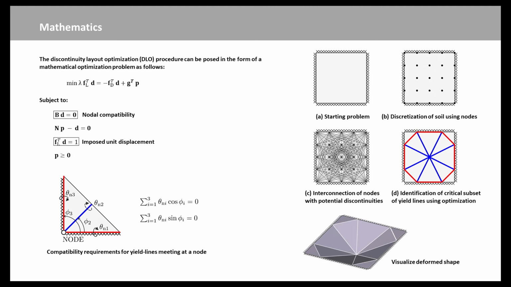If we zoom in on a particular node, and we resolve the rotation in the x direction and in the y direction, as we go around the node and come back to the starting point, those must sum to 0. It's very much akin to force equilibrium in a truss. In a truss, we will typically resolve the forces in the x and y direction, and they must sum to 0. It's the same here, but now we are resolving yield-line rotations.